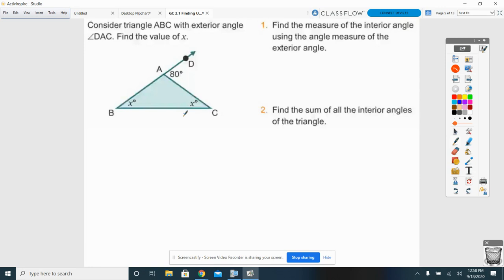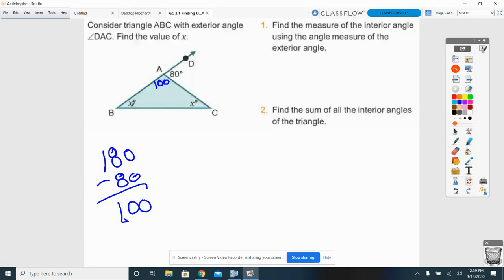Here is another one. This time it says these two are X. It doesn't tell us any of the inside, but I do know this outside is 80. So because the outside is 80, I can find that smiley face angle because straight lines add to 180. If you take 180 minus 80, that gives me the smiley face angle is 100.